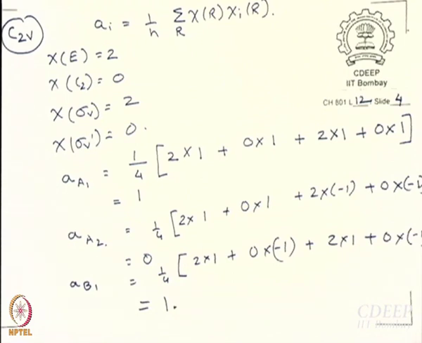What is B2? 1 minus 1 minus 1, 1. Work it out. What is it? Zero.